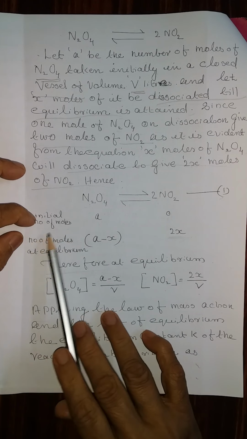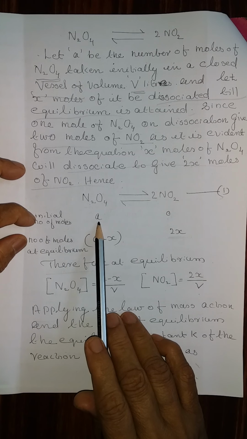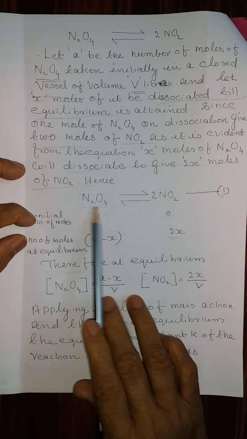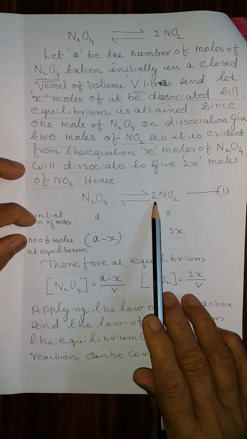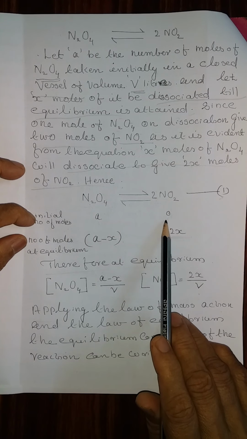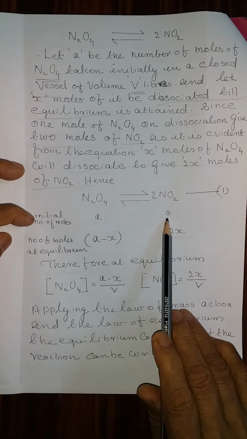The initial number of moles of N2O4 is a, and no NO2 is formed initially, therefore 0.